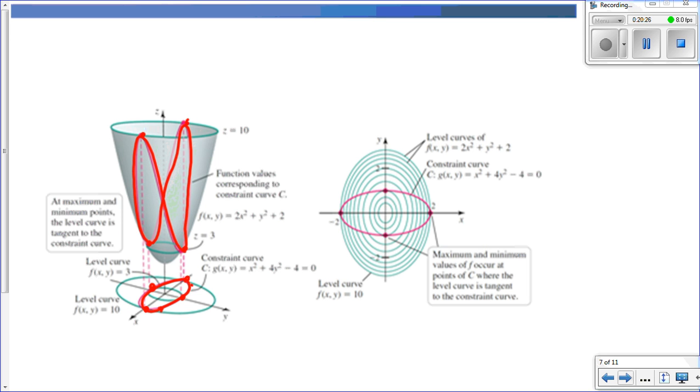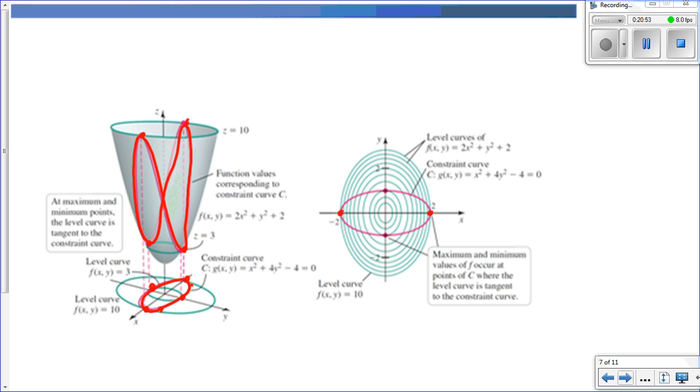So let's look at the level curves, okay? If you take different level curves for this paraboloid, you're going to see these concentric circles or concentric ellipses. The smallest level curve is that smallest one in the middle. The largest values for z, where the constraint is crossing, are out here and here. So those correspond to those maximum values.